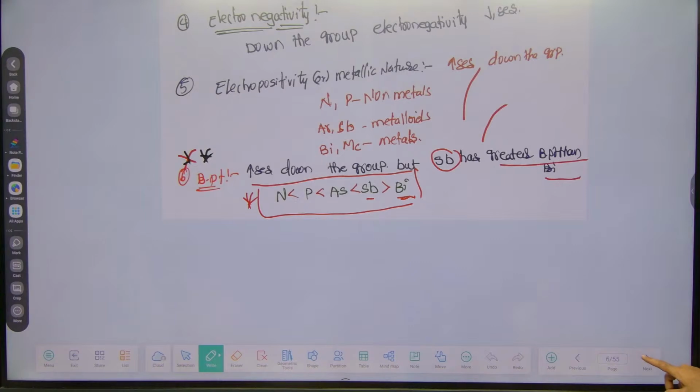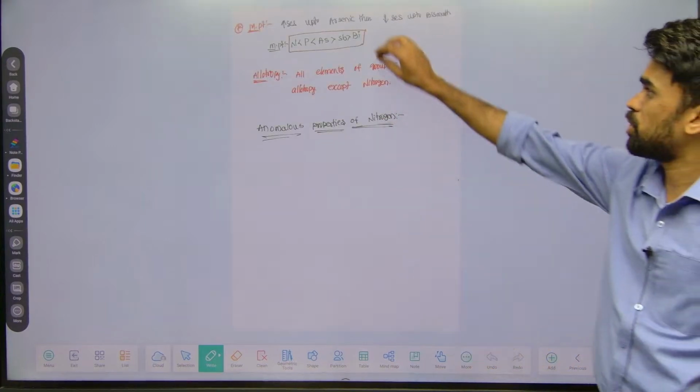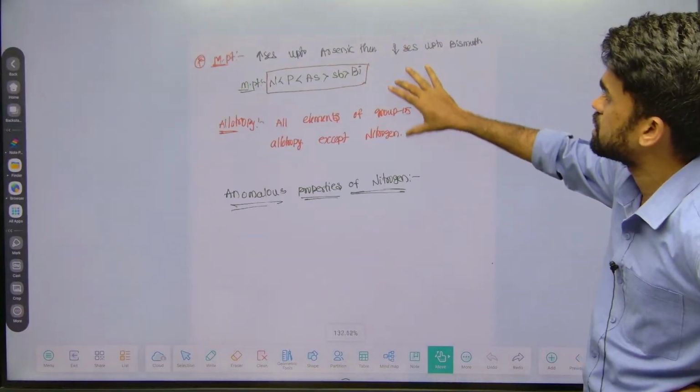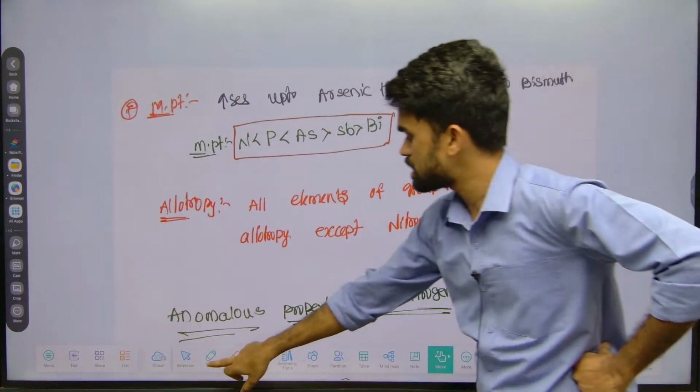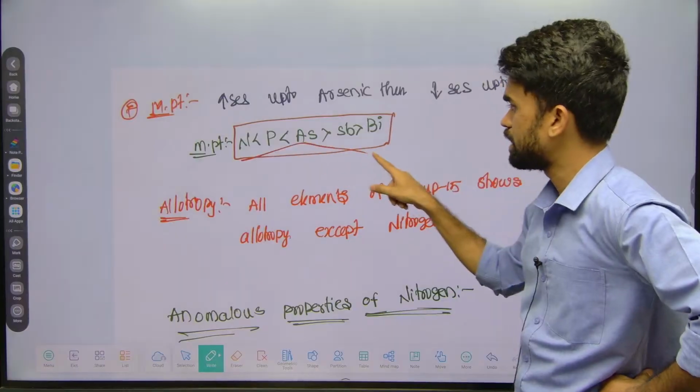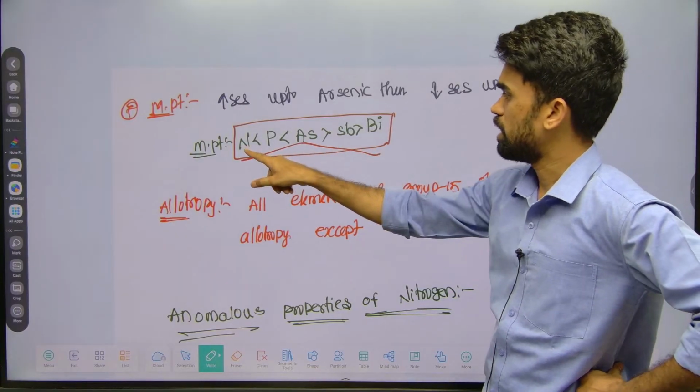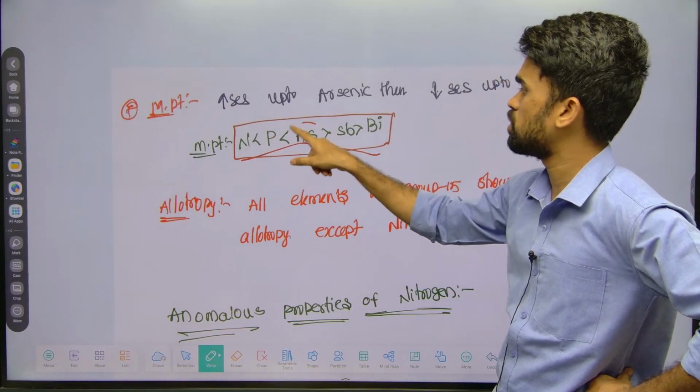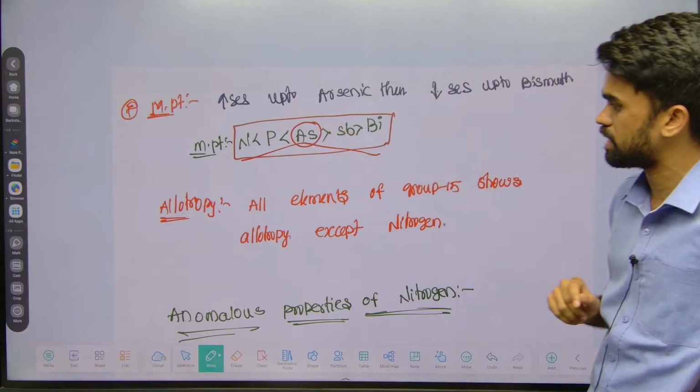Next, melting point: it increases up to arsenic, then decreases. Nitrogen to phosphorus, phosphorus to arsenic increasing, then decreasing.